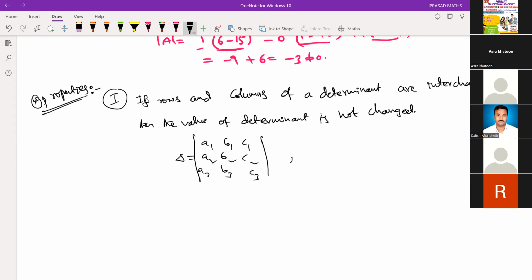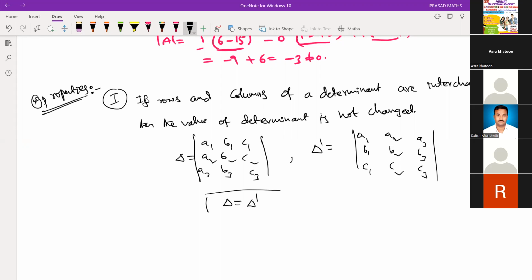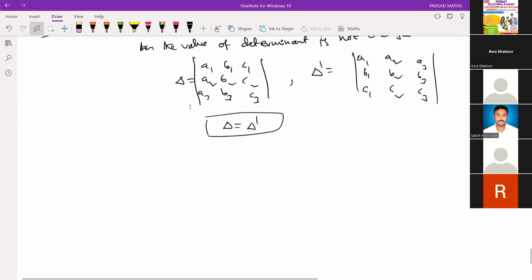Suppose you can take this det as delta. You can take another delta by interchanging the rows and columns. A1 B1 C1, A2 B2 C2, next A3 B3 C3, interchanging the rows and columns. So what you observe is delta is equal to delta prime, right? You know this property. By changing the rows and columns, the det value should not be changed, right?